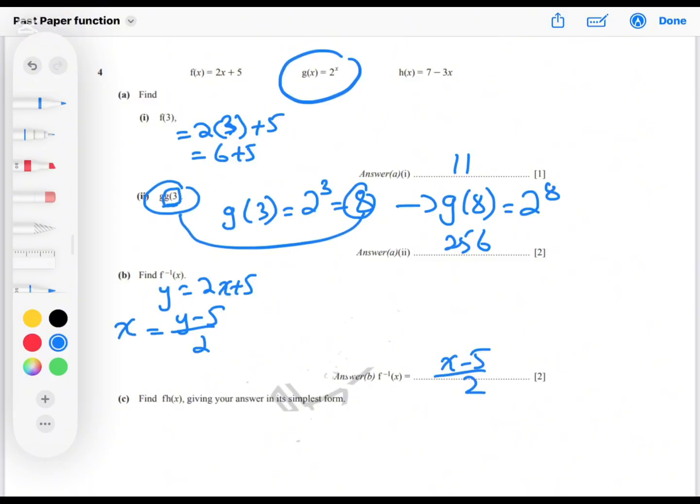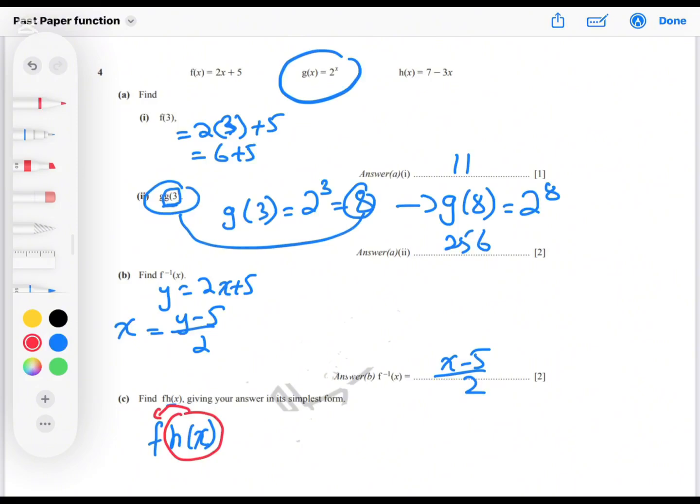That's it. Now the last part of this class is f of h of x. So first h of x; this means there is no value I have to put. It is written like this. So this means that I have to put the h of x function in f.